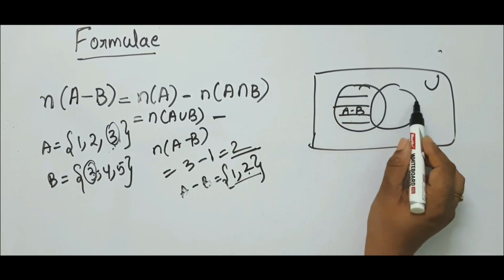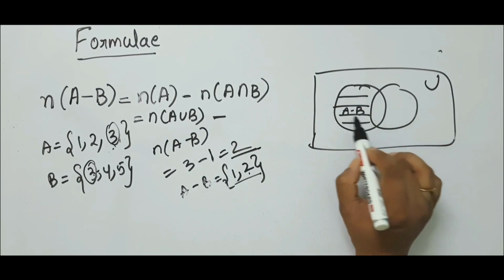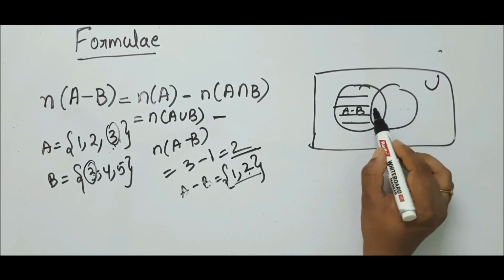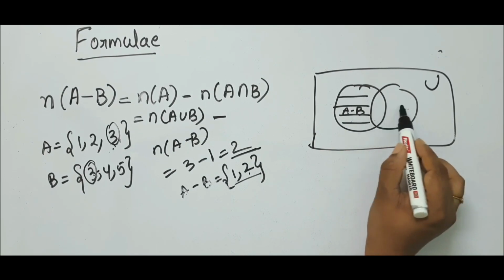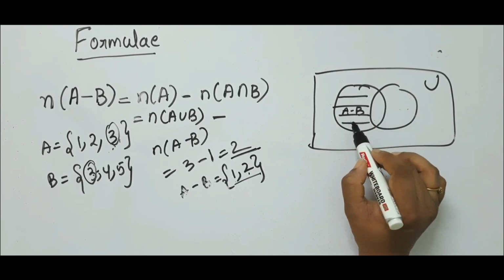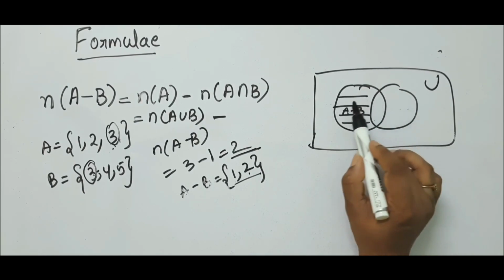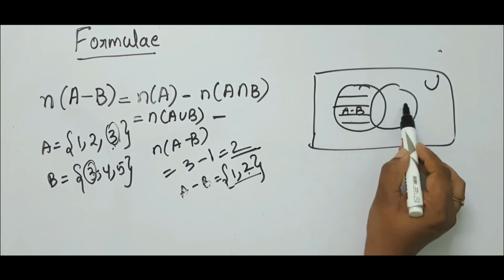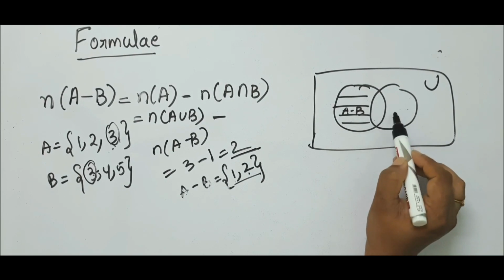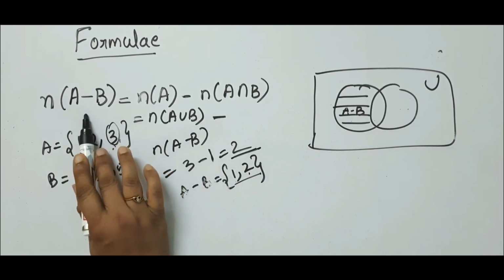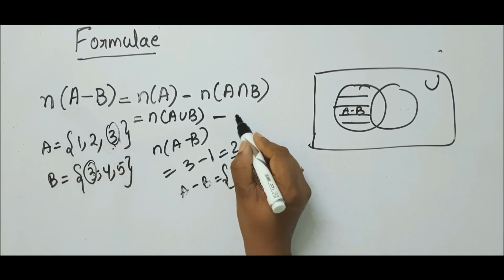This whole union of these two sets minus the elements of set B, if you do, then you will get the elements of set A. Is it not? This whole part, the numbers in the whole sets, this set and this set, common elements, minus the elements of this, you will get the number of elements of A minus B.